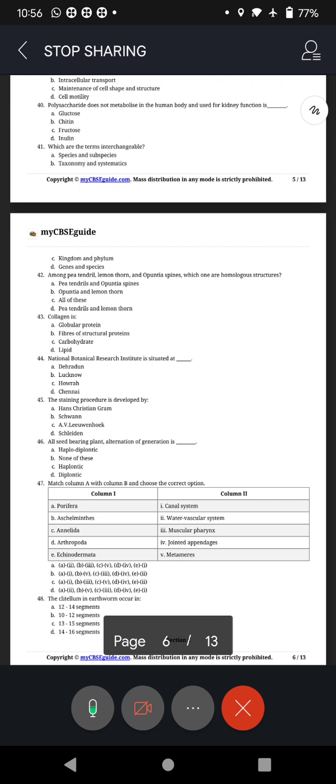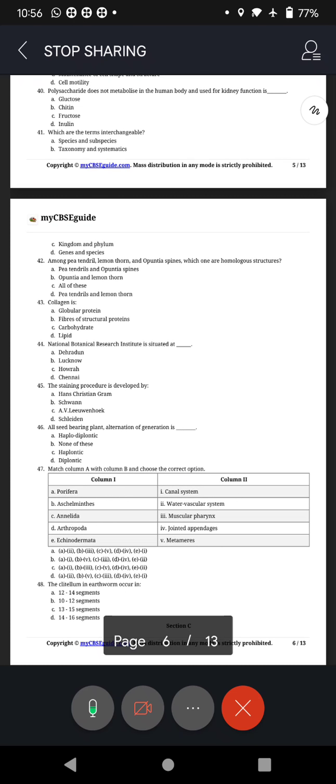Now we move on to 43. Collagen. A. Collagen is a globular protein, B. fibers of structural proteins, C. carbohydrate, D. lipid. Of course, very conveniently we will remove C and D. Collagen is a protein.